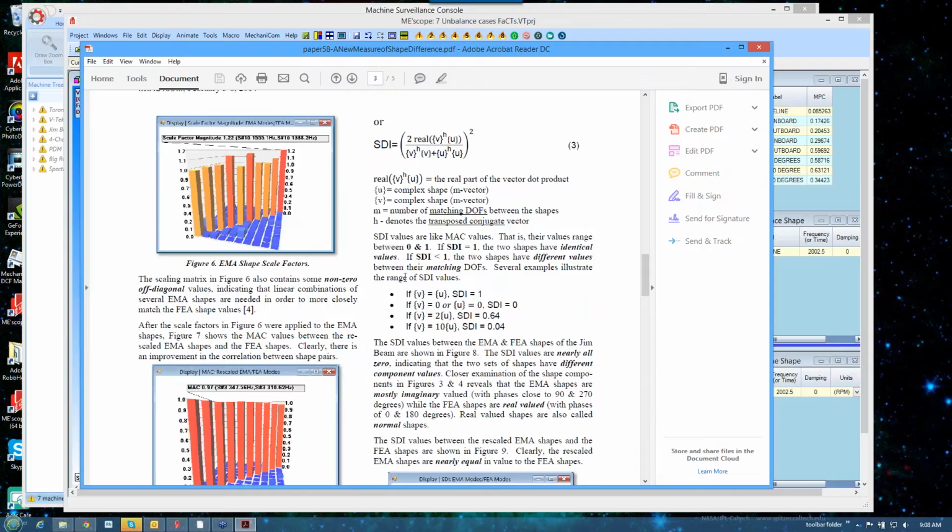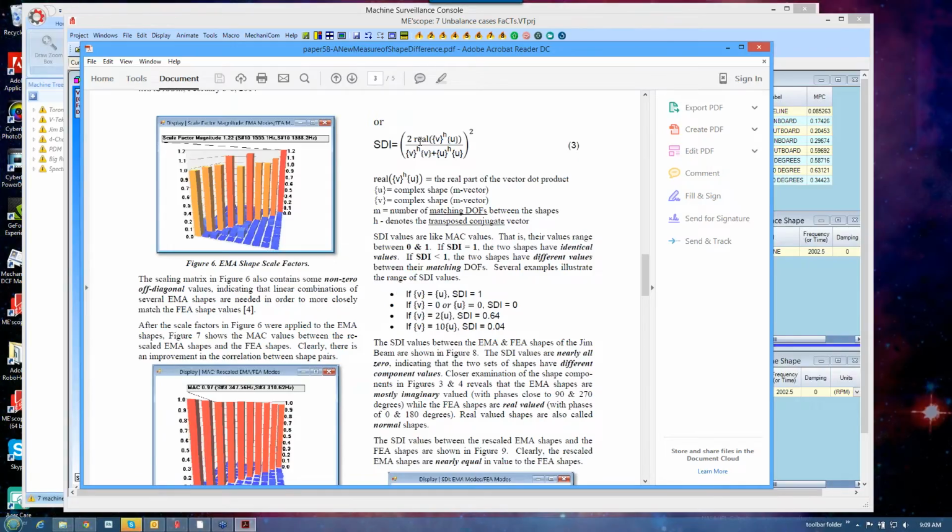When they're equal to each other, then the formula up here, let's just say that they are real, we're going to get 2 times the dot product of the two divided by the sum of the two dot products. So we basically get a 1.